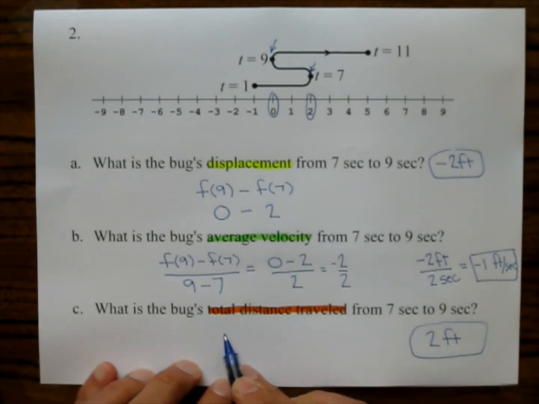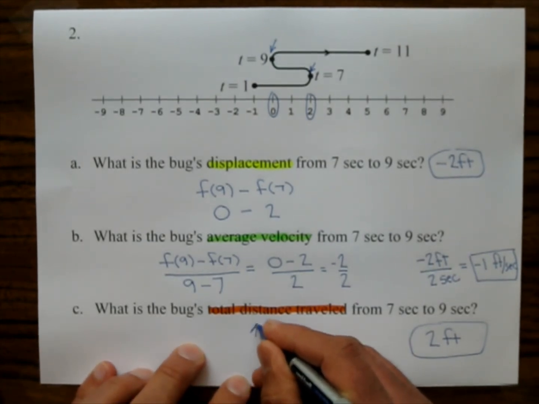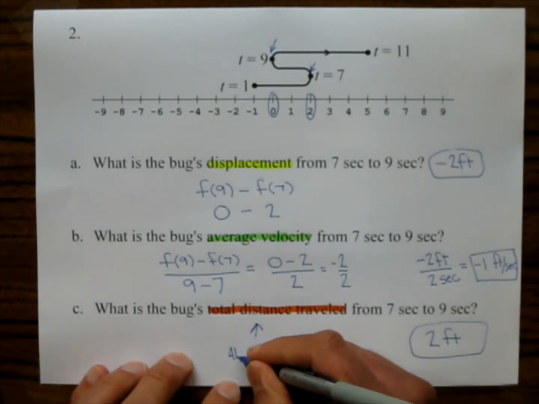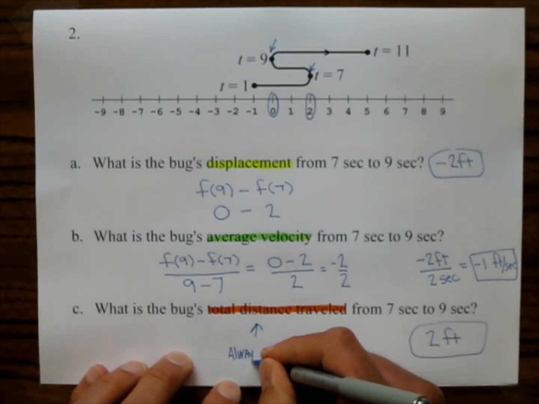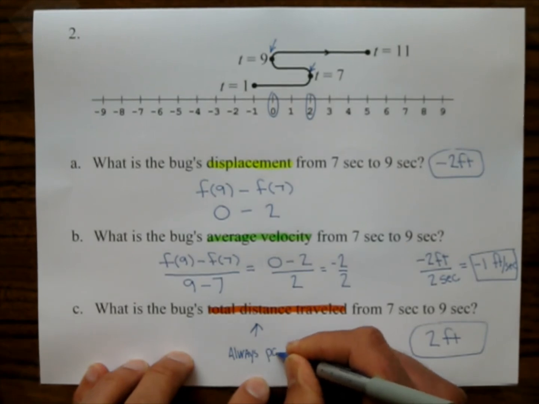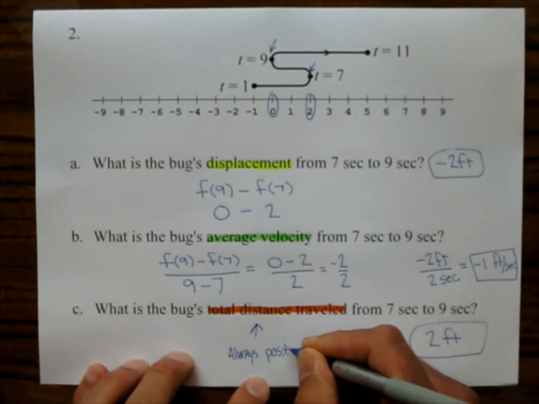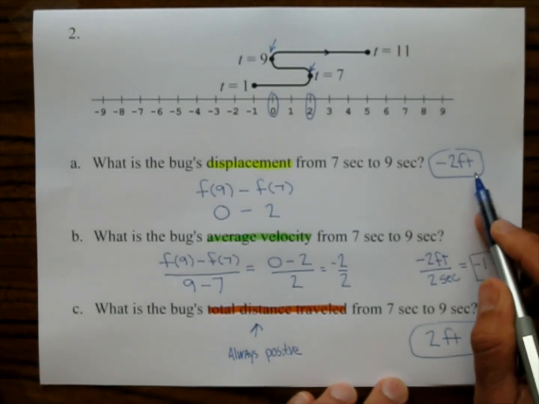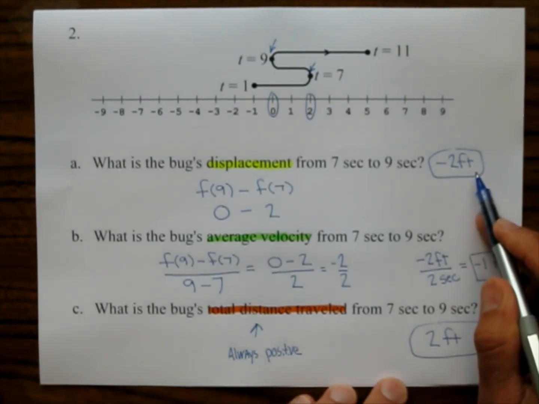One thing about the total distance traveled, this will always be positive. And it has the same units as the displacement. The displacement can be negative or positive.